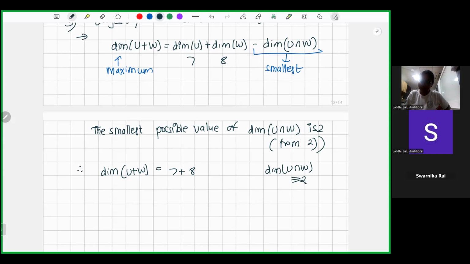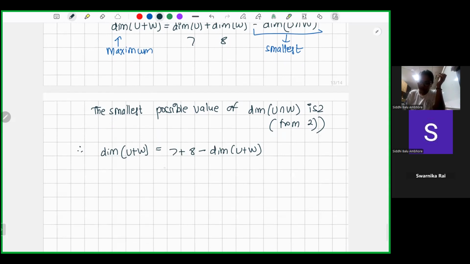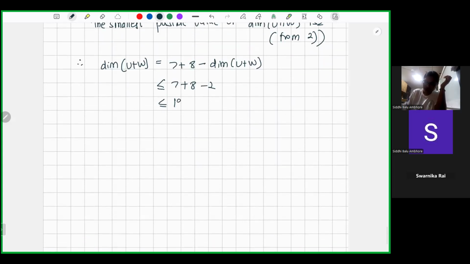So with the minus, it will be less than or equal to: 7 plus 8 minus 2 is greater than or equal to minus dimension of U intersection W. So dimension of U plus W is less than or equal to 7 plus 8 minus 2, and this is 13.